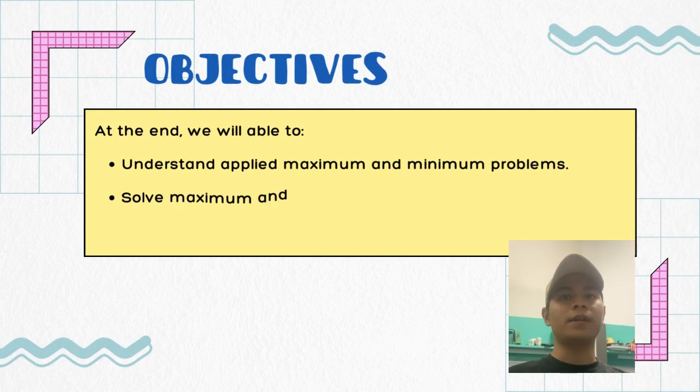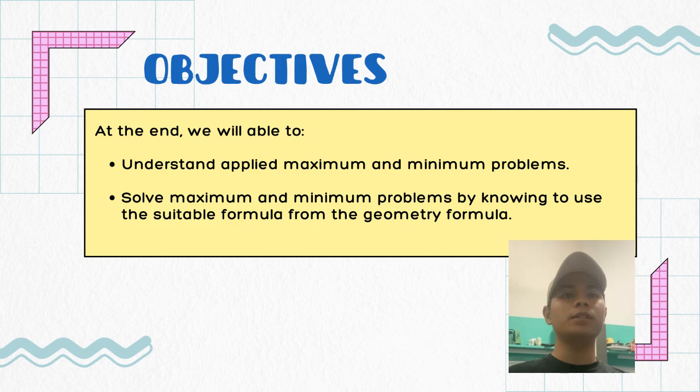Next, objectives. At the end, we will be able to understand and apply maximum and minimum problems, and solve them by knowing to use the suitable formula from the geometry formulas.